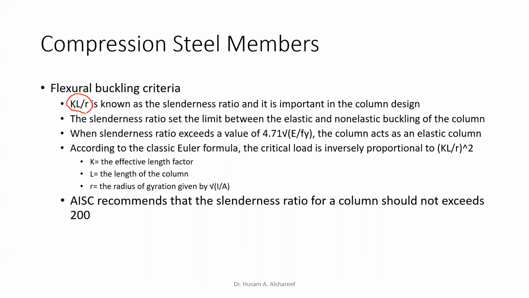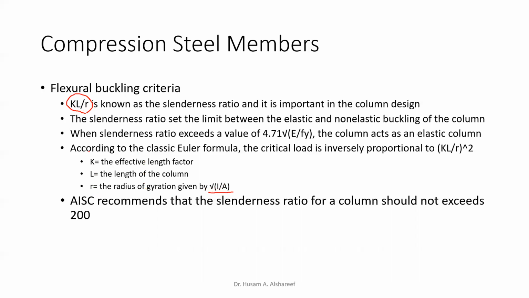So the K stands for the effective length factor. L is the length of the column. r is the radius of gyration. And r is found through the radical of the moment of inertia over the gross area, all under the radical. That's how you find the radius of gyration.